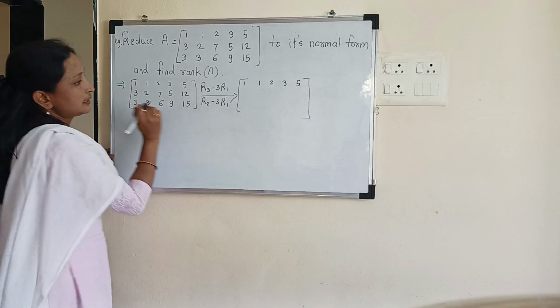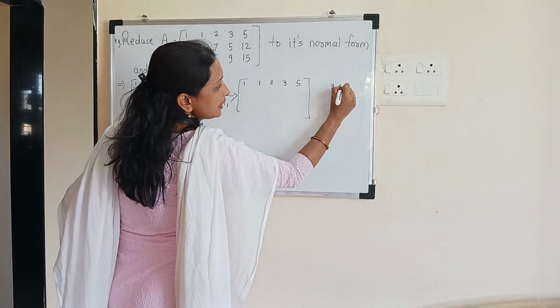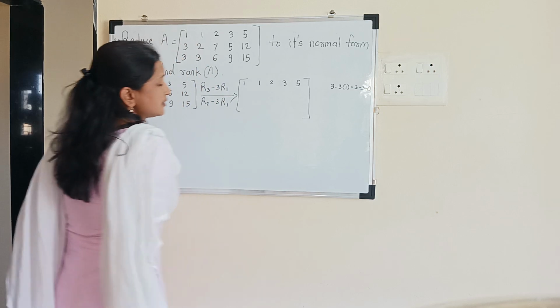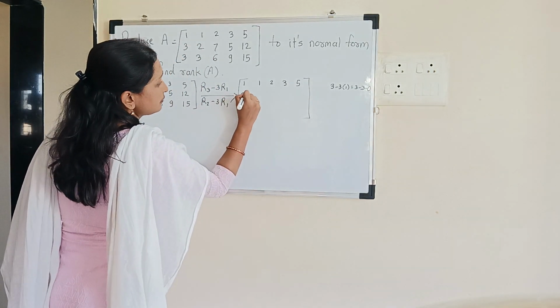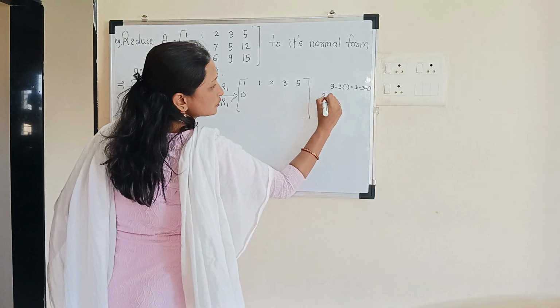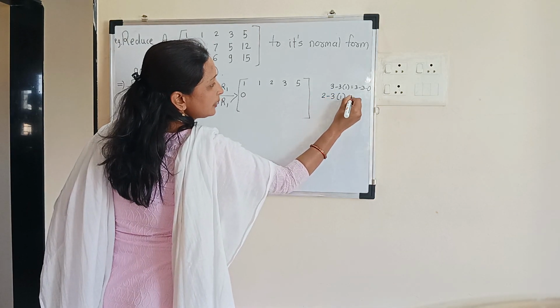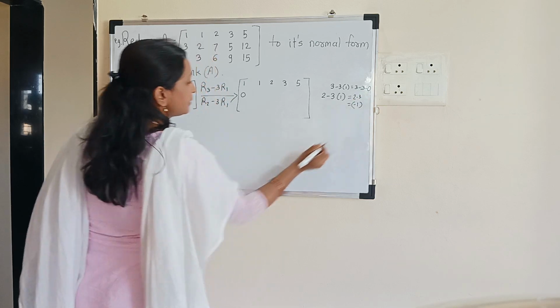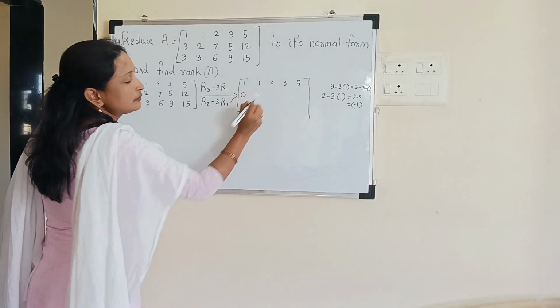So 3 minus 3 times 1, that is 3 minus 3, which is equal to 0. So this element will be 0. Now 2 minus 3 times 1 will be 2 minus 3, which is equal to minus 1. So the second entry will be minus 1.